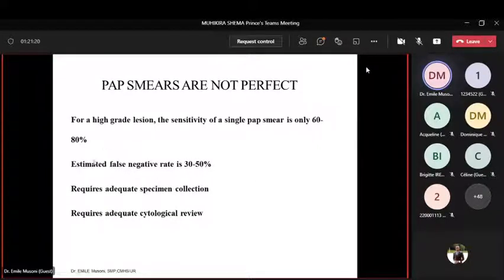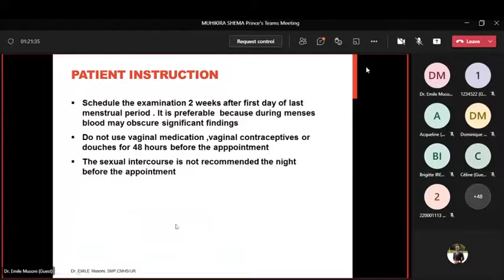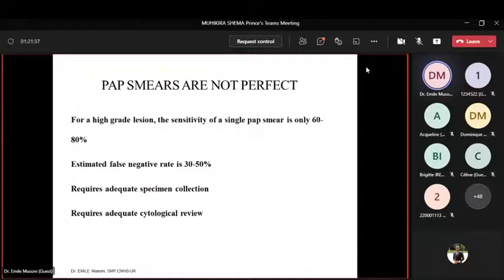They say there's a false negative rate estimated at 30 to 50%. And it requires adequate cytological review. Also, to confirm the diagnosis, you must have a biopsy from the cervix.